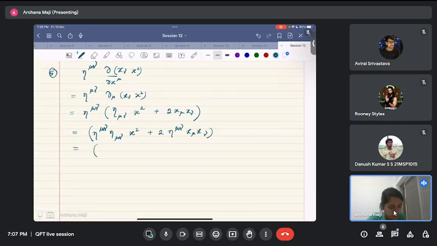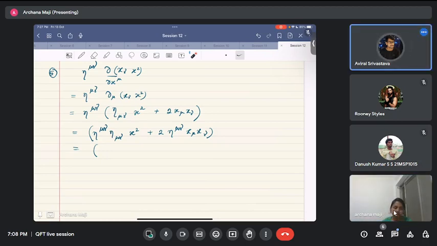First quantity. Can somebody tell me what is this equal to? Eta mu nu, eta mu nu. Identity.